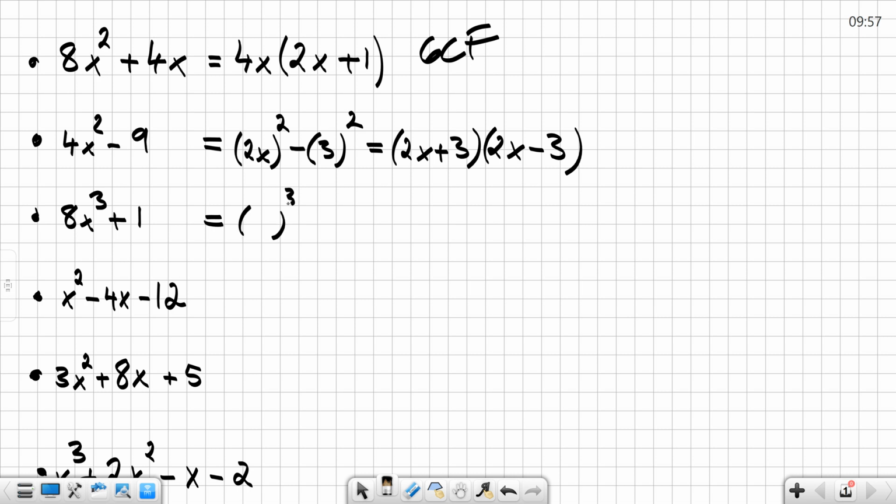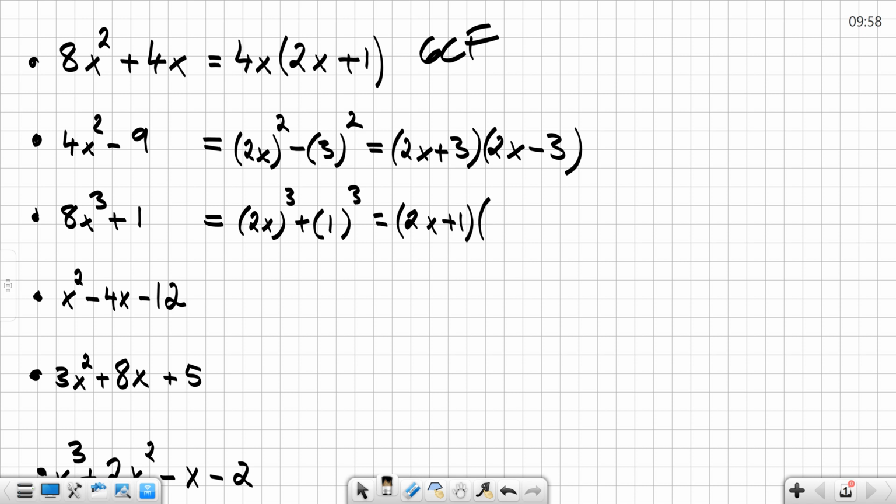Similar to the difference of 2 squares, I'm just going to rewrite it: 2x cubed plus 1 cubed. Now I see what is a and b, and I use my SOAP method, same, opposite, always positive, to write down my factored polynomial.